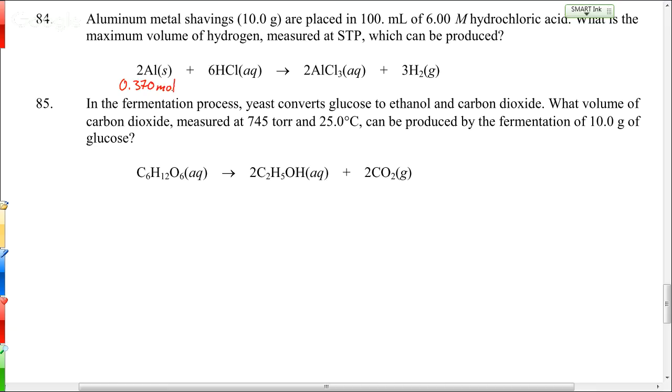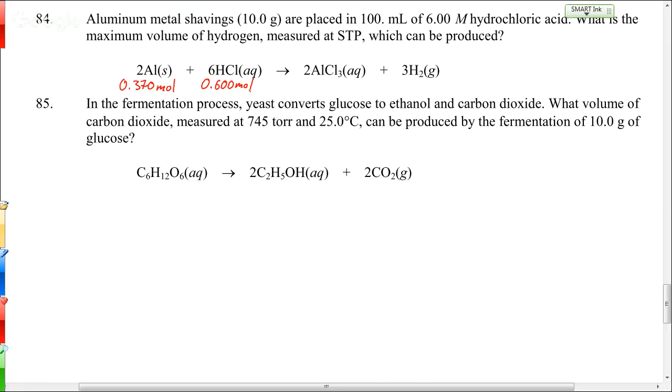And HCl, we get the moles from the molarity. We've got 6 molar, 100 milliliters. So that's 0.6 molar, right? 0.600 moles. Is that what you got? All right. So what's the limiting reactant?